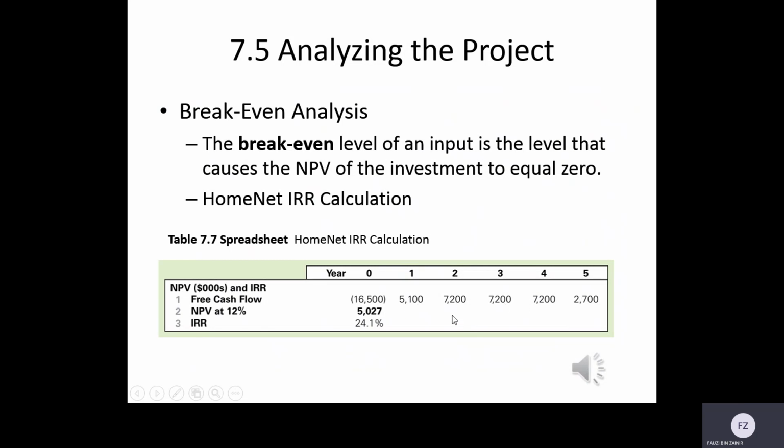The free cash flow generated is initially, in year 0, minus 6.5 million, followed by year 1, 5.1 million, 7.2 million for the next two, the second and third years, and 4th year, and in the 5th year we have 2.7 million. Based on all this, our NPV at a 12% required rate of return is 5.027 million, and the IRR is around 24.1%.